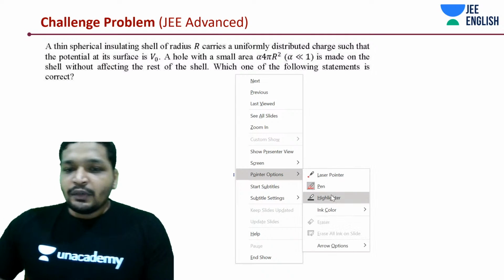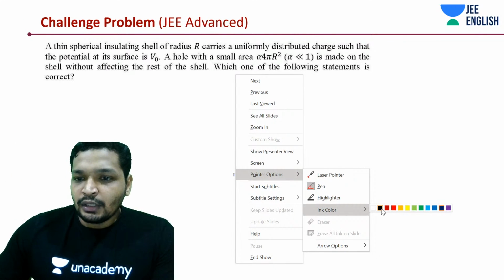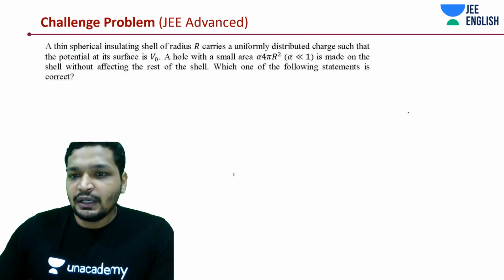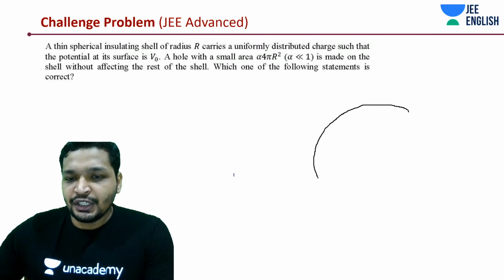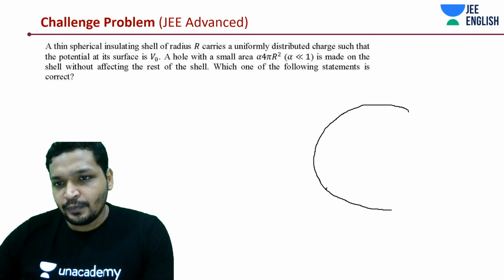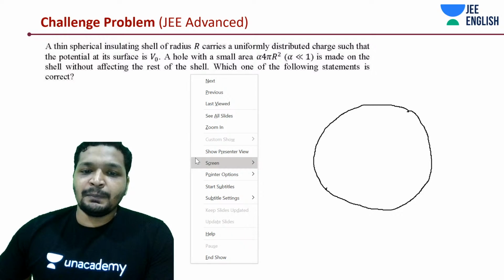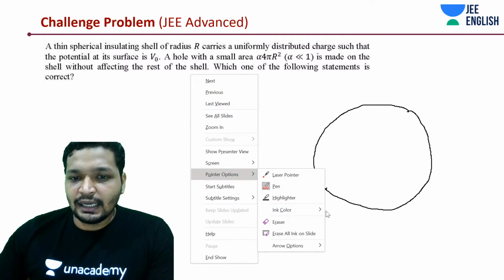First of all, what it would look like. This would look like something like this. You have a spherical shell, and in this spherical shell, a dent has been made.